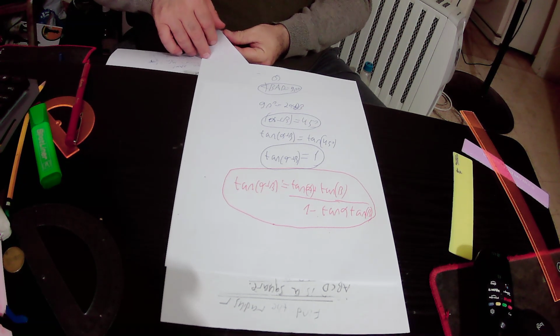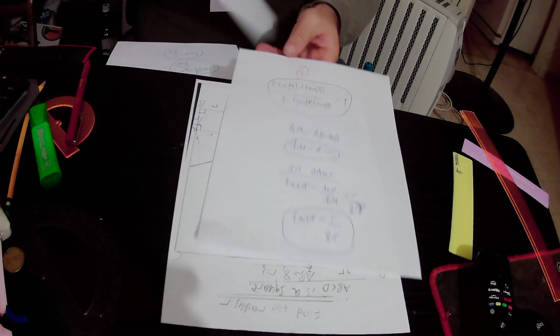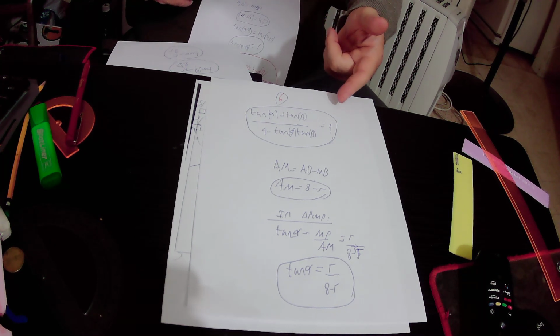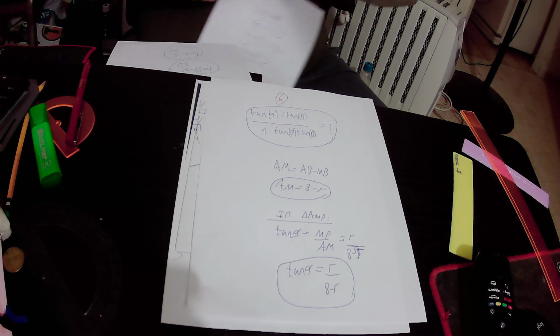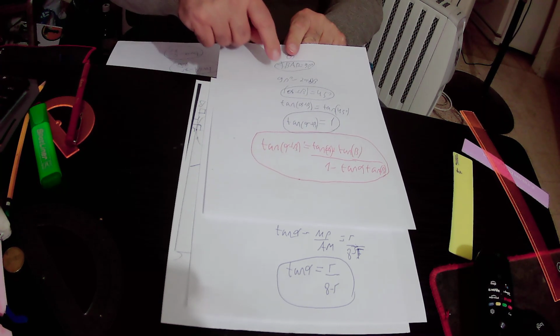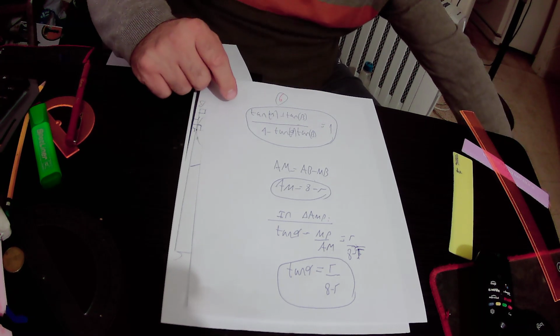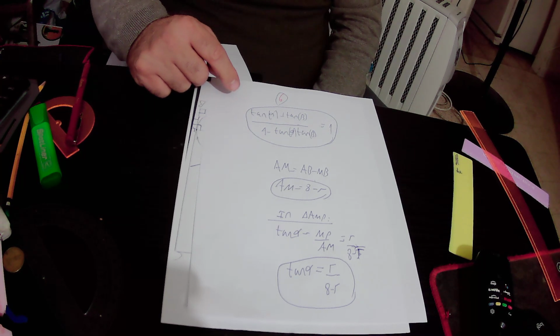According to what we have already found out, tangent of alpha plus beta equals 1. So then we calculated the value of tangent alpha and tangent beta.